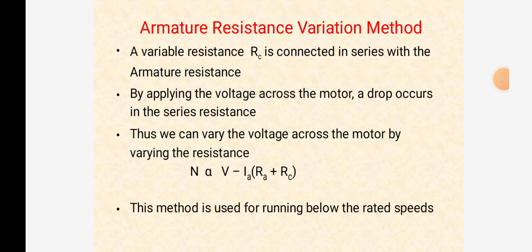By varying the resistance, a drop occurs in the series resistance, and thus we can vary the voltage across the motor. N is directly proportional to V minus IA into RA plus RC, and also N is directly proportional to EB. This method is used for running below rated speeds.